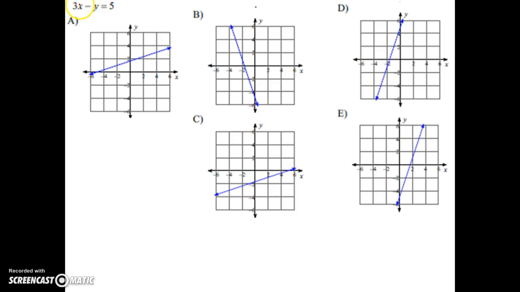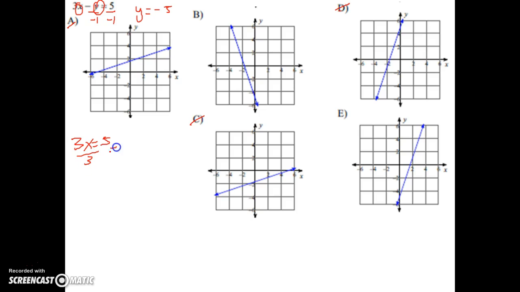Okay, let's plug in 0 here, divide by -1, and y equals -5. Cannot be A, possibly B, cannot be C, cannot be D, possibly E. So I have two options. Then I go ahead and plug in over here. So when I plug in 0 for y, I have 3x equals 5.